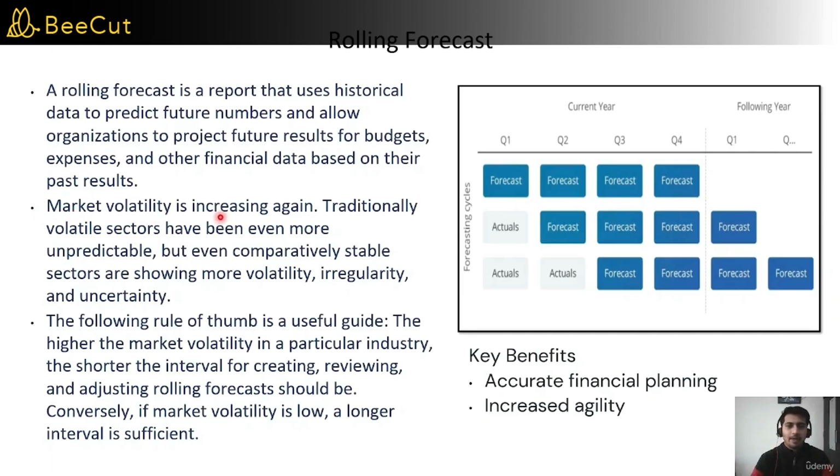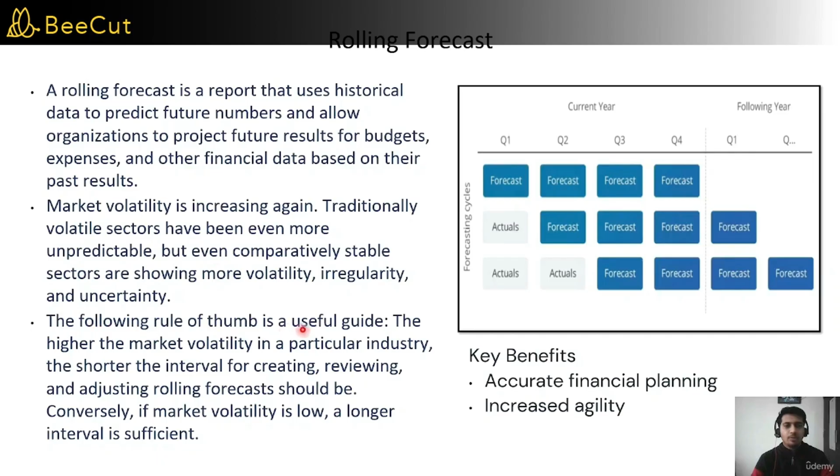As the market is increasingly becoming more unpredictable, we need such a rolling forecast. When the market is more unpredictable, you need more frequent reviews, and forecasting can't be a one-time activity. It has to be a process which is reviewed frequently, and rolling forecast is in itself a continuous process.